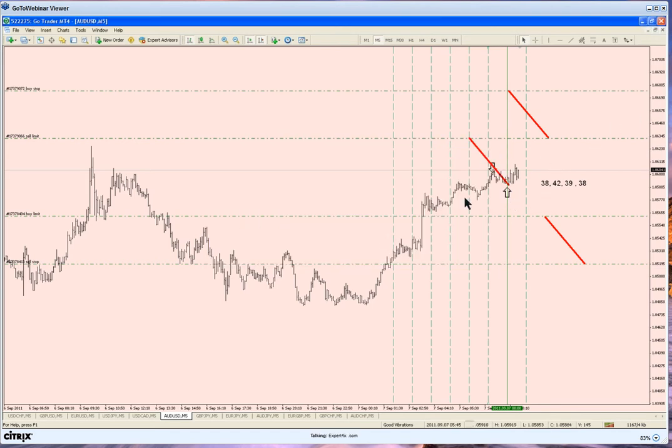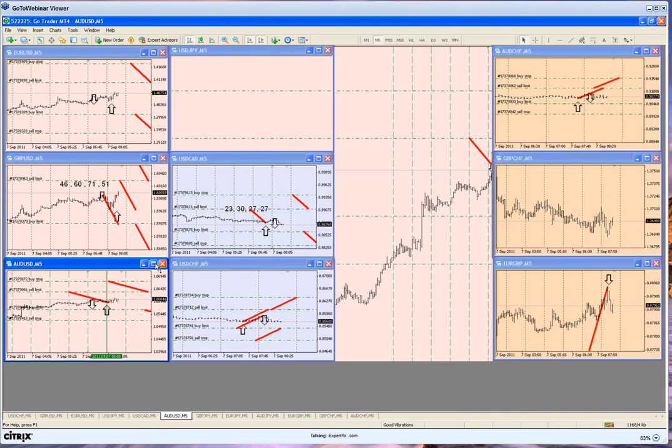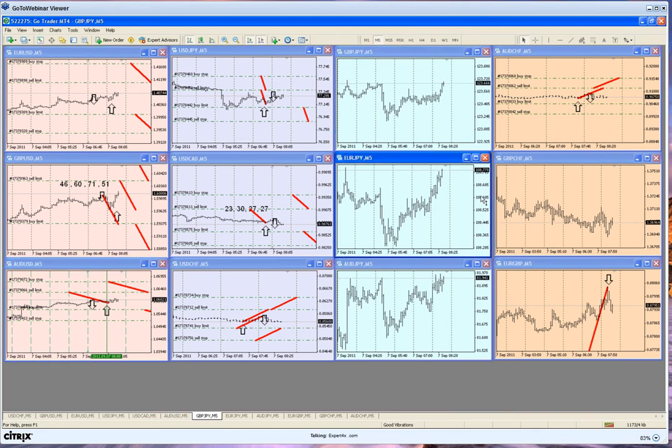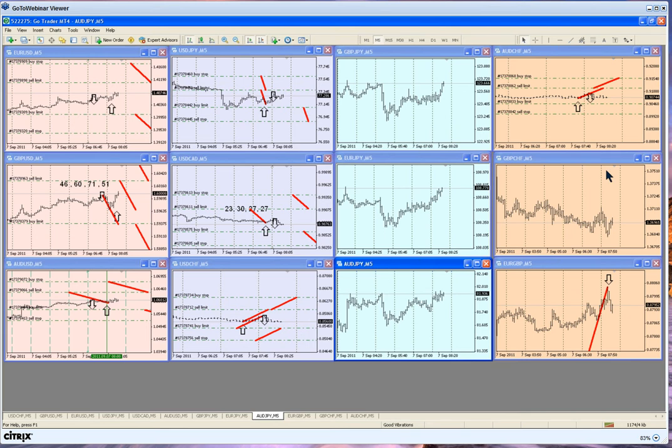Okay, right, and these are all pending orders, so nothing happens until something happens. Those will leave for a while, and that one is in place.